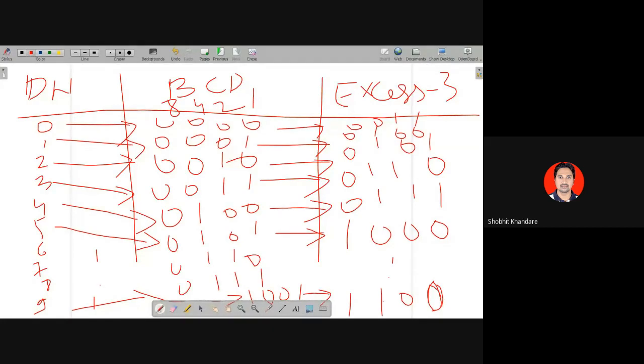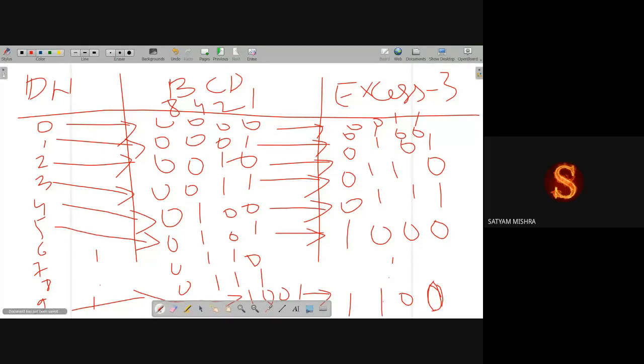Does it follow the 1 2 4 8 format? Anyone with a no answer? Sir, it does not follow the 8 4 2 1 weights. Okay, tell me the reason.